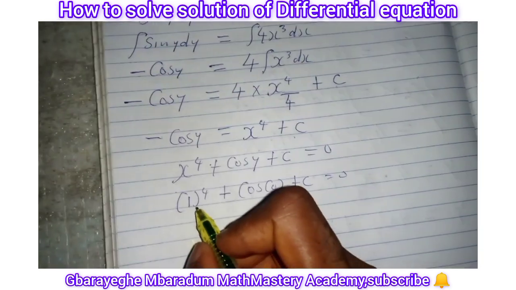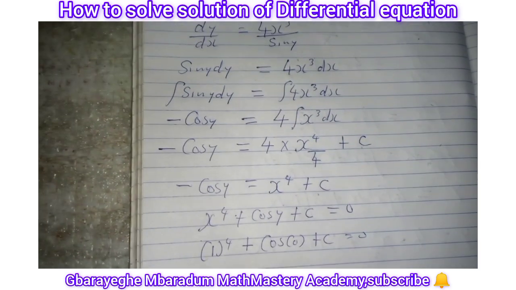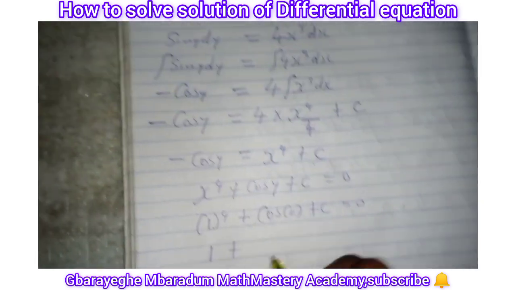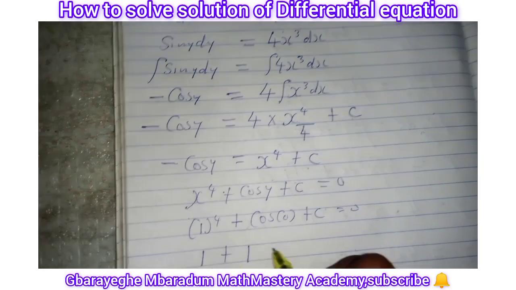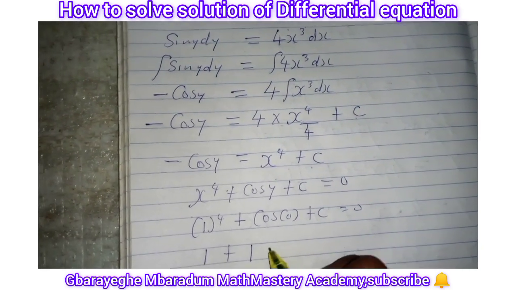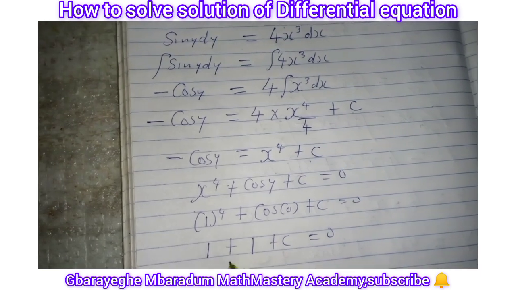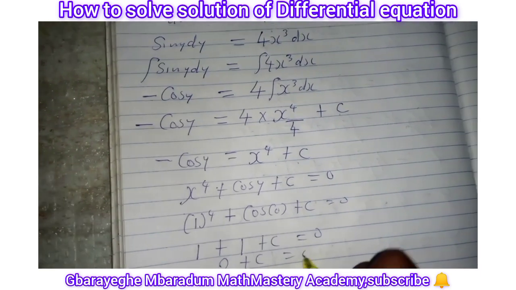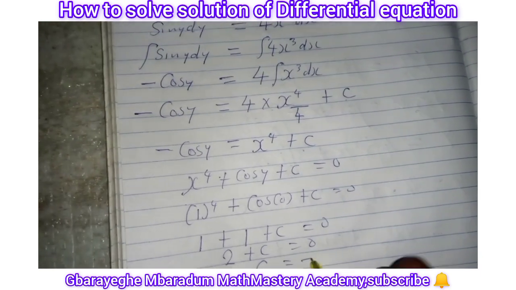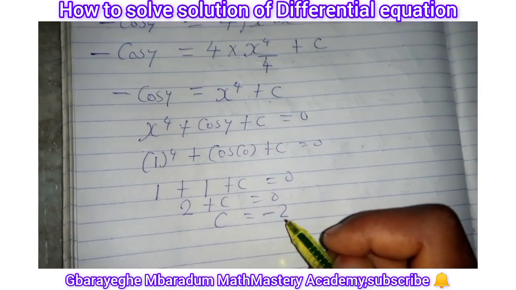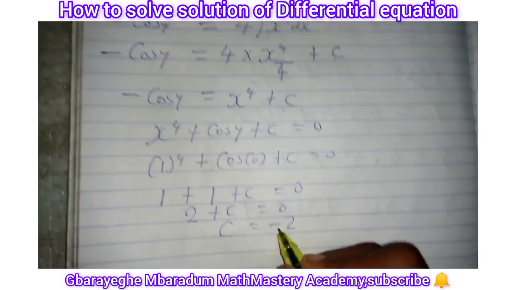Now 1 raised to the power of 4 is the same thing as 1, plus cos 0 is what? Cos 0 is 1, plus our constant c equals 0. So we're going to have 2 plus c equals 0. Our c becomes minus 2, because when this plus 2 crosses the equality side it becomes minus 2. Now we know that our c is minus 2.